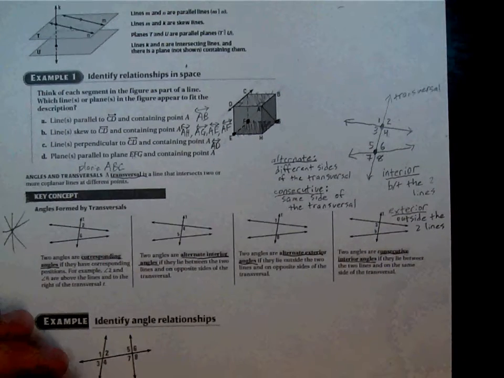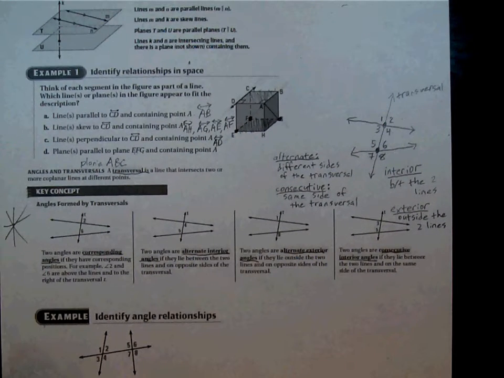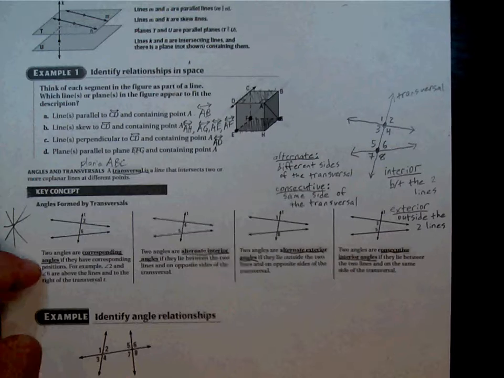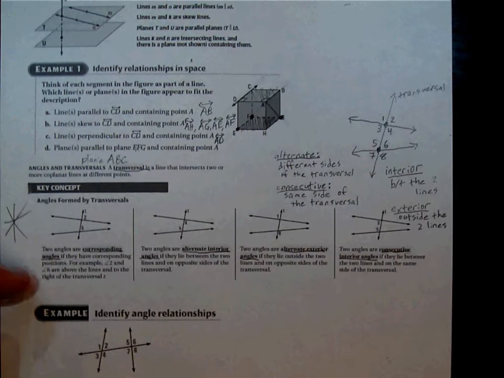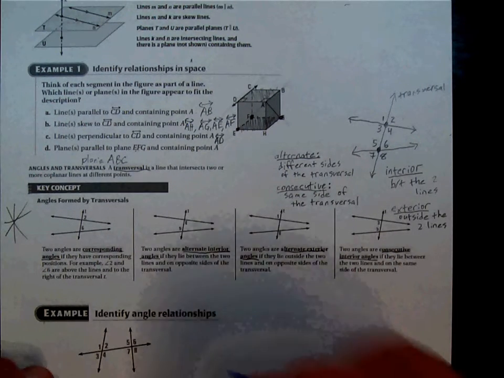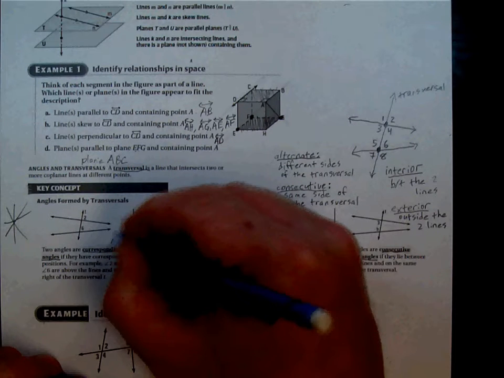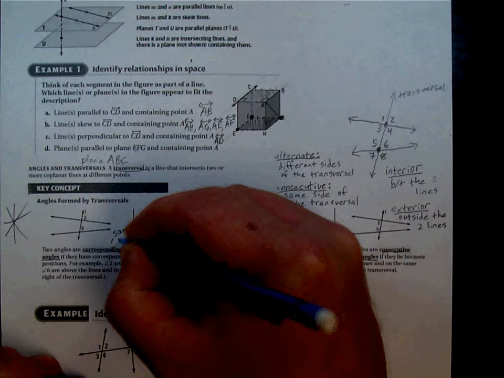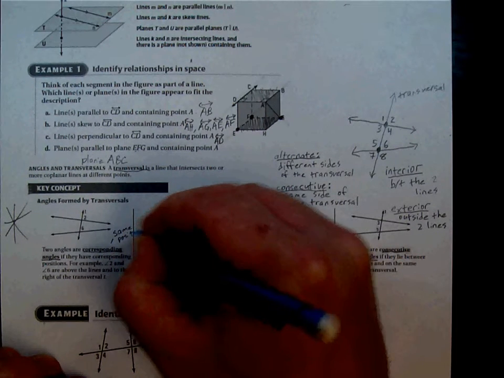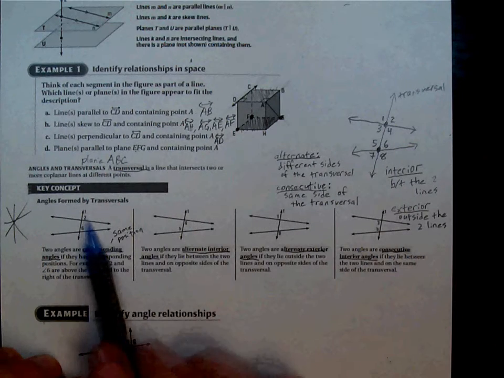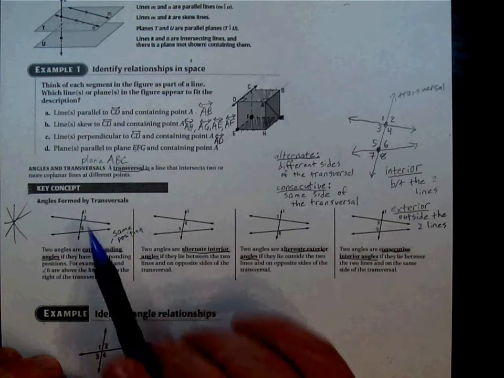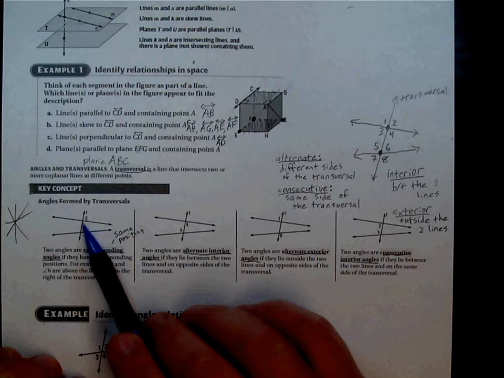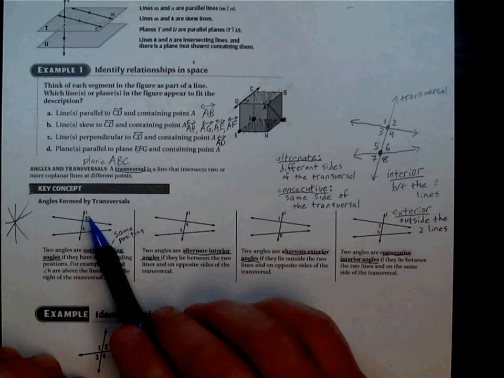Now let's go and apply them. Okay, so let's come back to the first one, corresponding. I did not just define corresponding, but corresponding basically means the same position. And so they show in this picture 2 and 6 as an example. So I would describe angle 2 as being to the upper right of that intersection.